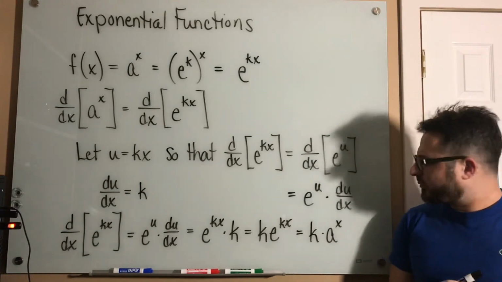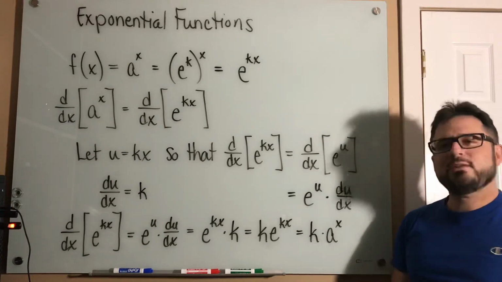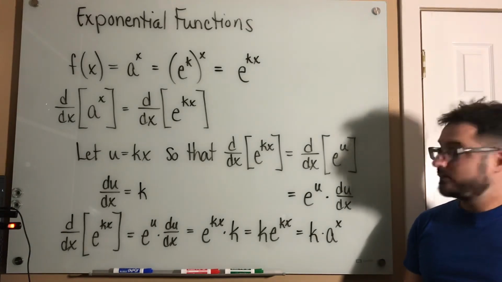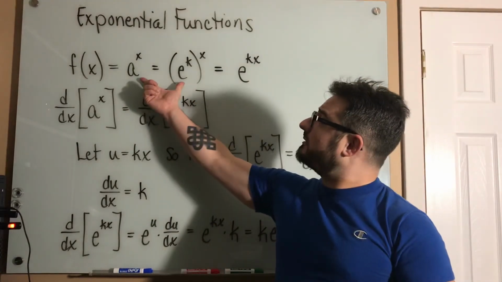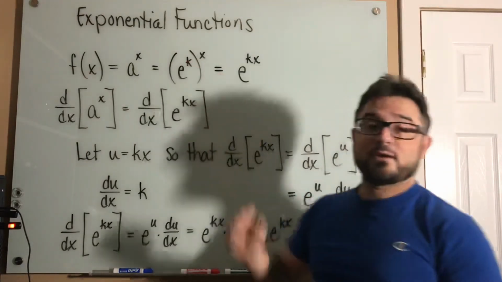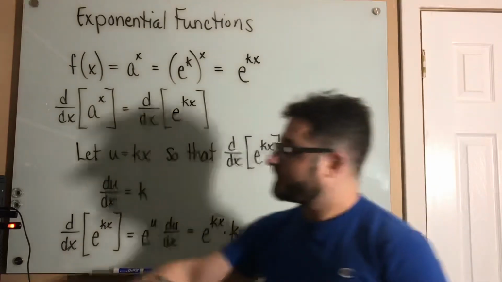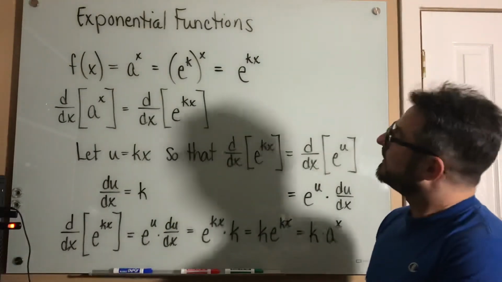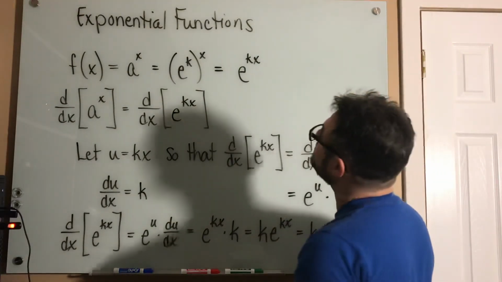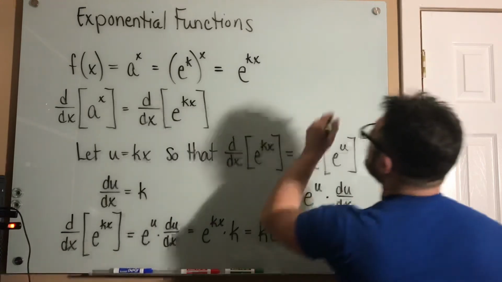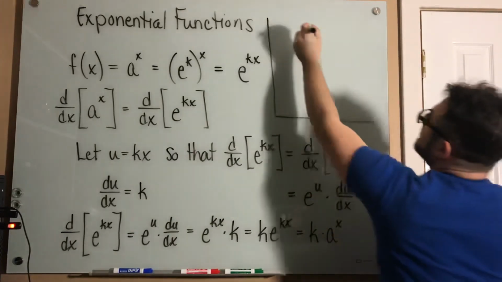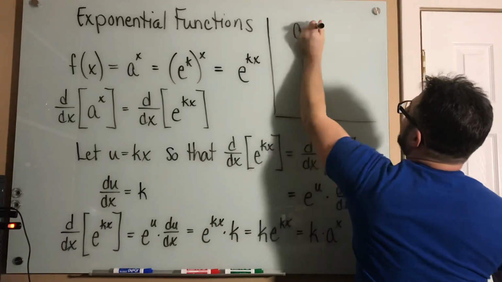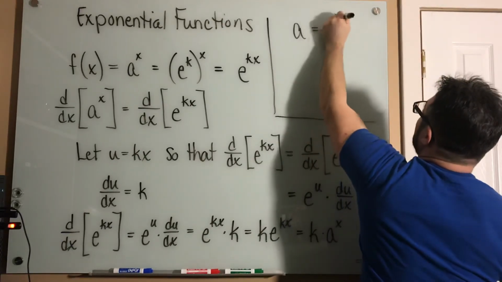We're only left with one question. What on earth is the value of k? Well, the value of k, if a and e are both known, then certainly we could figure out the value of k. So we've got the relationship that a is equal to e to the k.